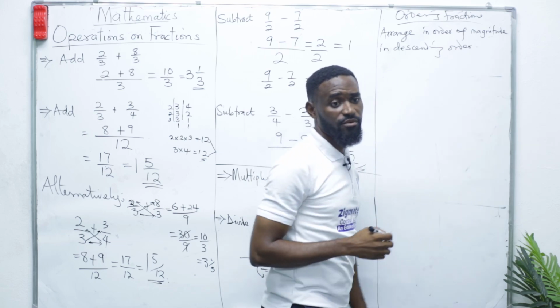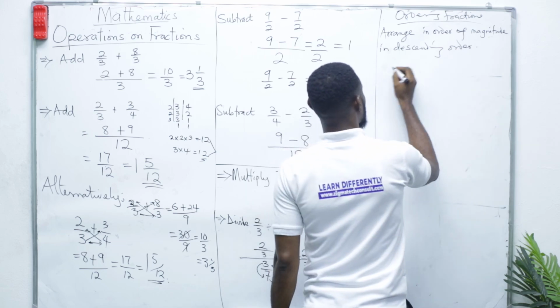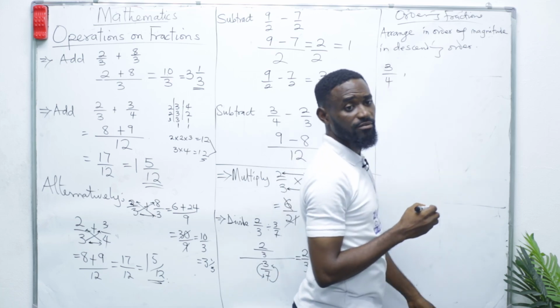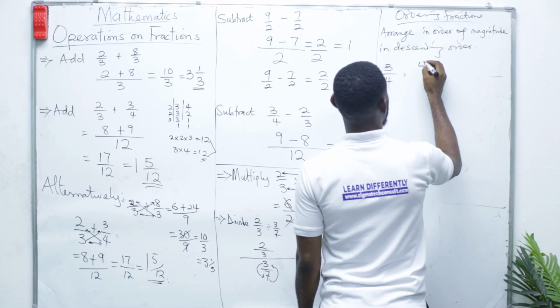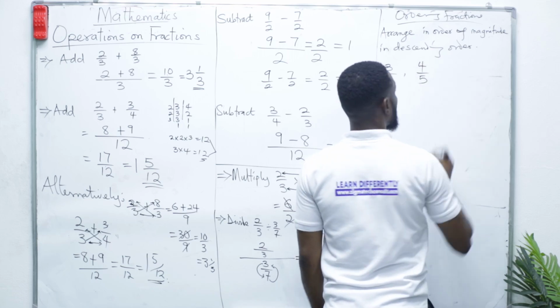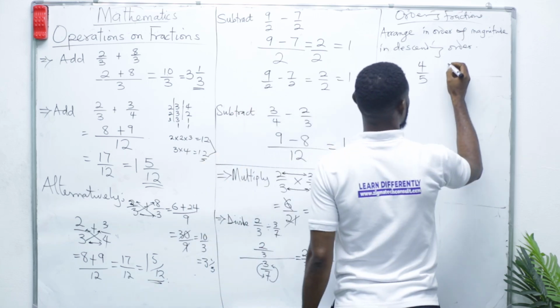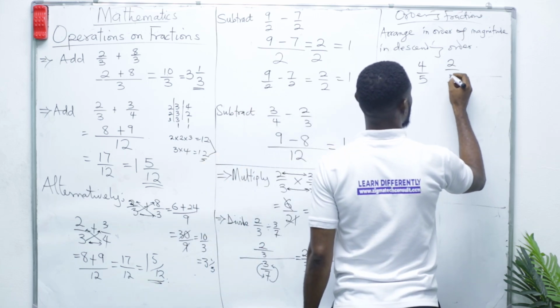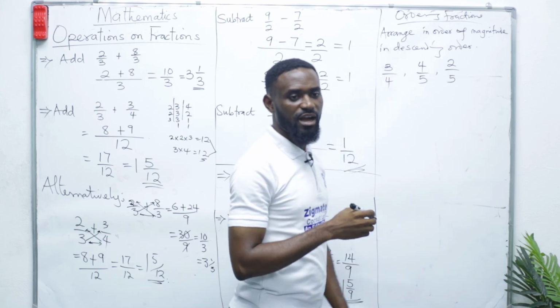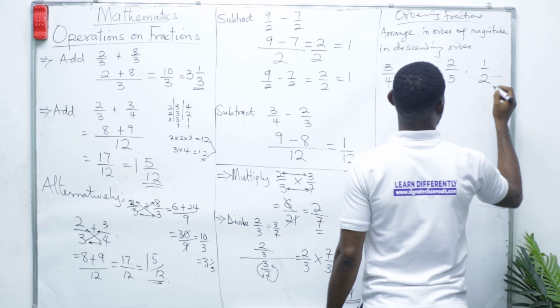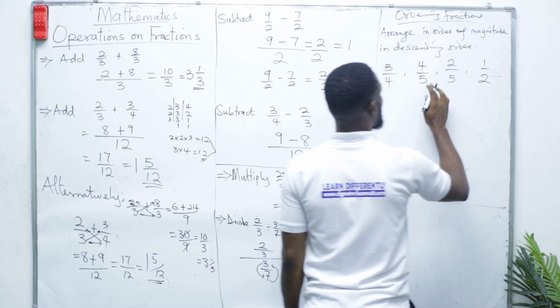So we have 3/4. We have 4/5. We have 2/5. And lastly, we have 1/2.